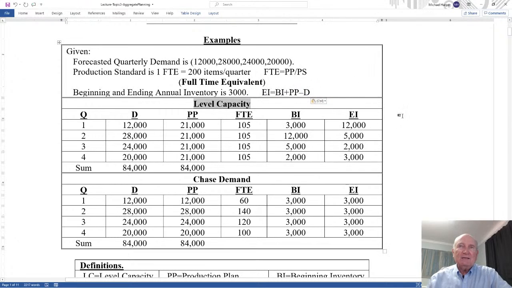So for level capacity, the demand variability is totally contained in the inventory levels, and the capacity labor is independent of demand variability, where inventory is totally dependent on demand variability, or the demand variability is totally contained in the inventory.